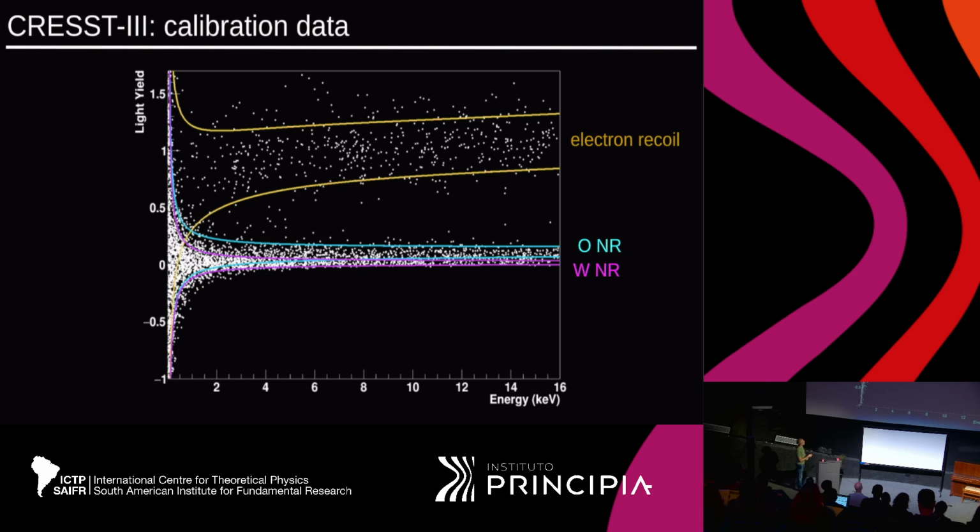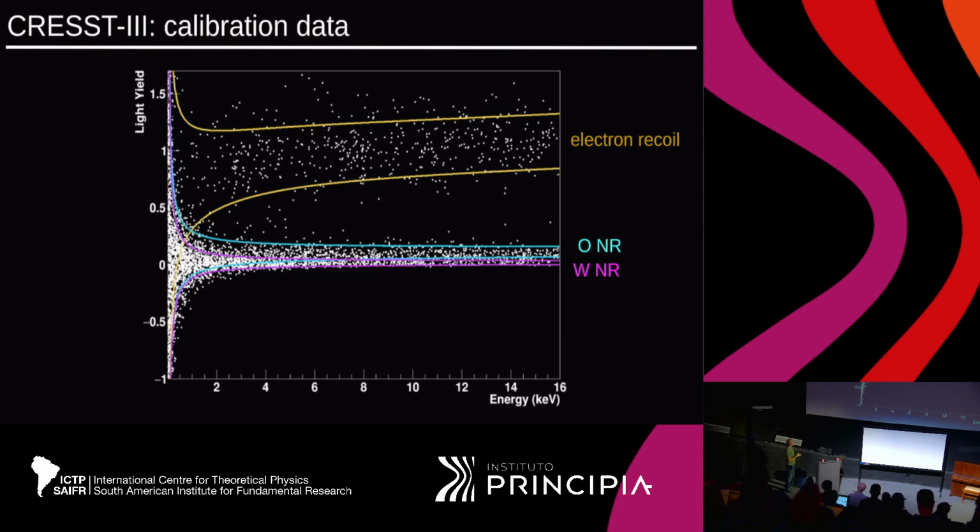So that was calculation. This is data, calibration data that they took, and you can see that it works pretty well. I mean, it's not perfect, but it really has a big discrimination power at higher energies. But when you are going to lower energies, as expected, everything becomes less clear.